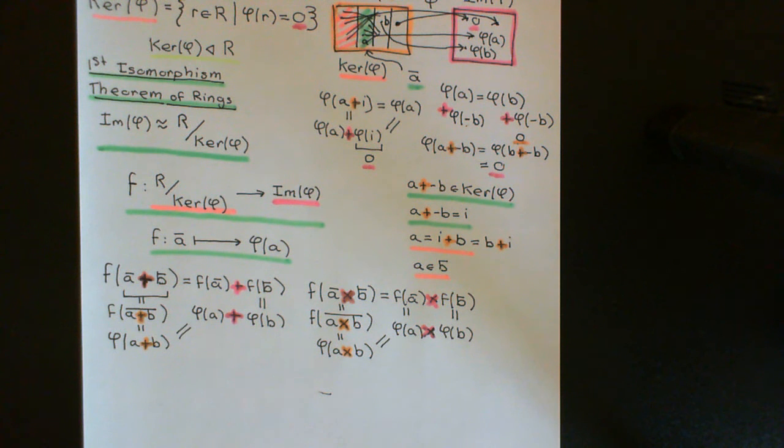And indeed, the multiplication and the addition in the image of the homomorphism will be completely isomorphic to the way that you'd have addition and multiplication defined on the cosets if you were to construct the quotient ring. So that now gives us a complete and utter understanding of how ring homomorphisms work in terms of quotient rings. Okay, and with that we'll finish this video.